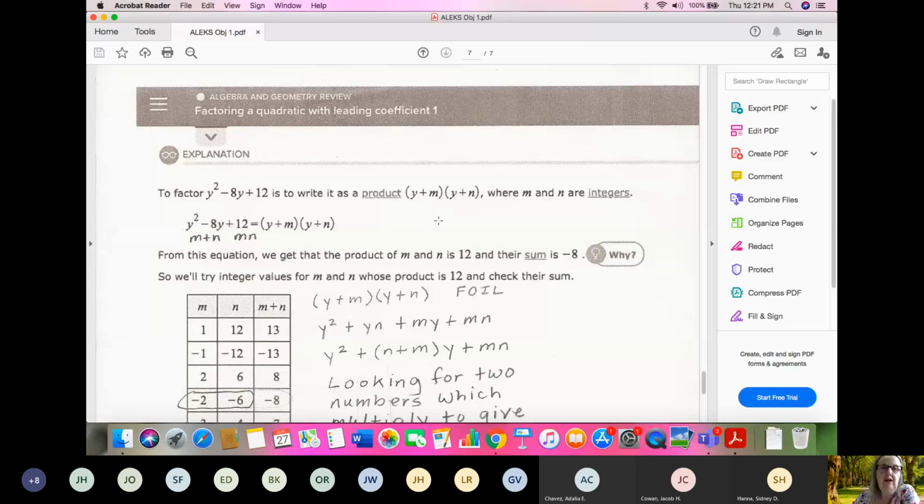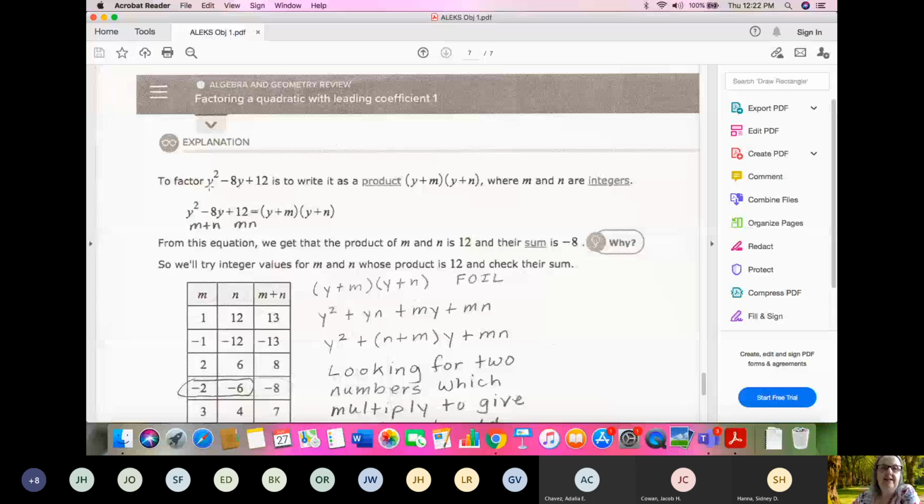Well, first of all, you will notice that this quadratic expression is written in descending power order. What does that mean? The term with the highest exponent goes first. This y really has a 1 on it as an exponent.